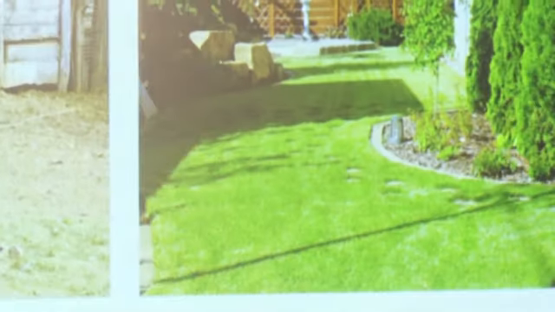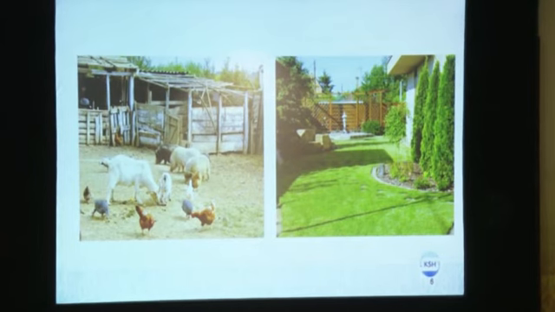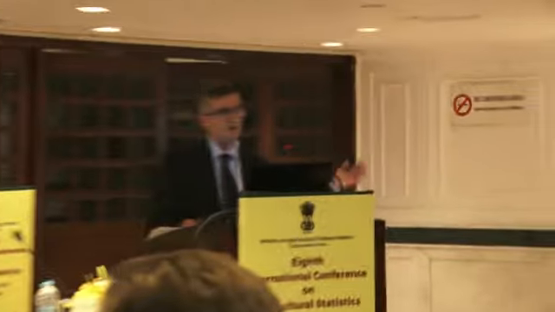And here you can see a backyard on the left side that was typical in the 80s, where animals were kept at the houses, and there was a backyard garden, a kitchen garden with crops, potato and other crops that they grew. And now on the right-hand side, you can see an illustration of how the backyard farming is disappearing in Hungary.